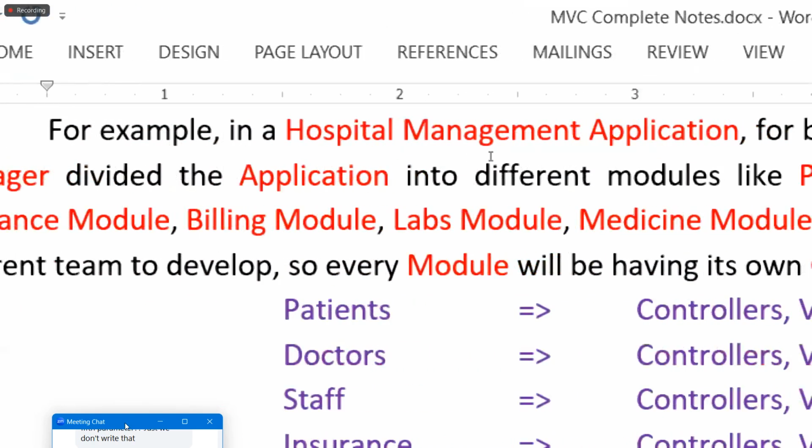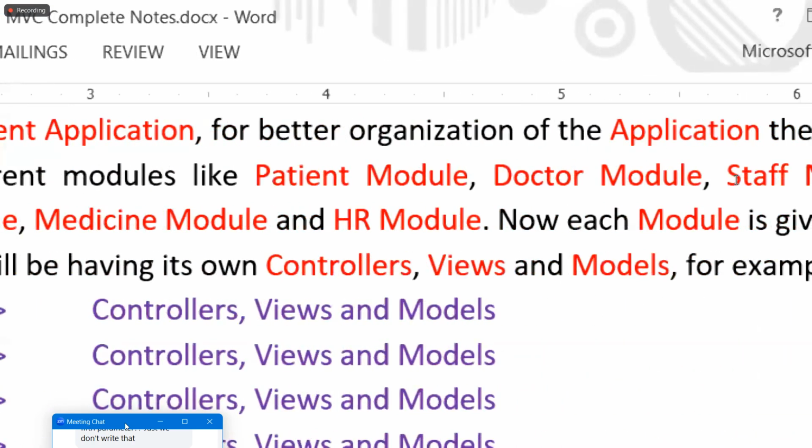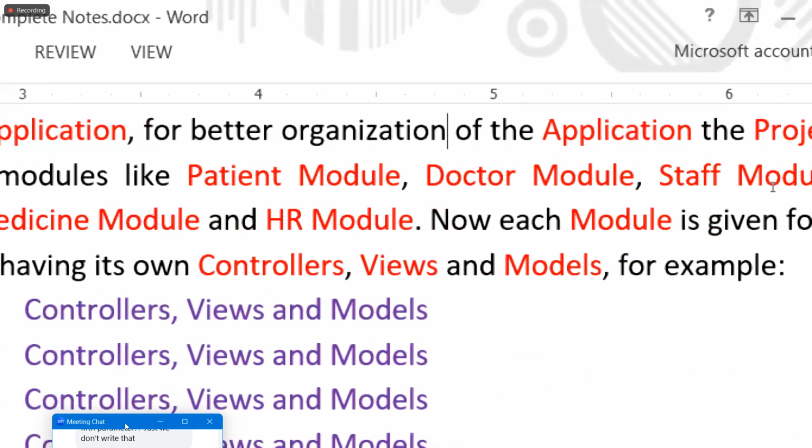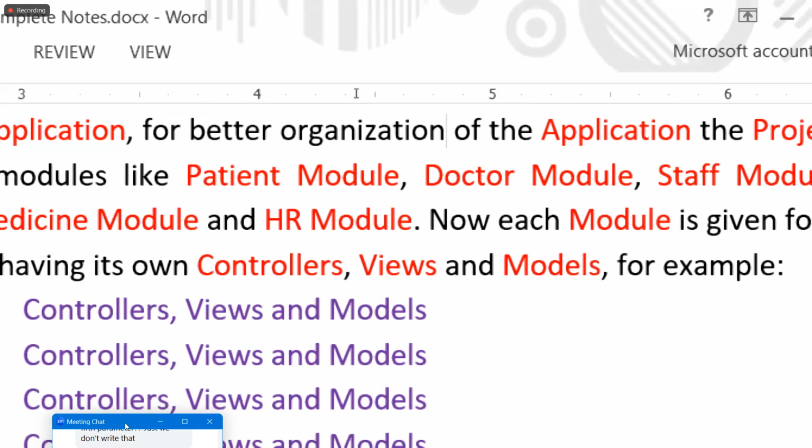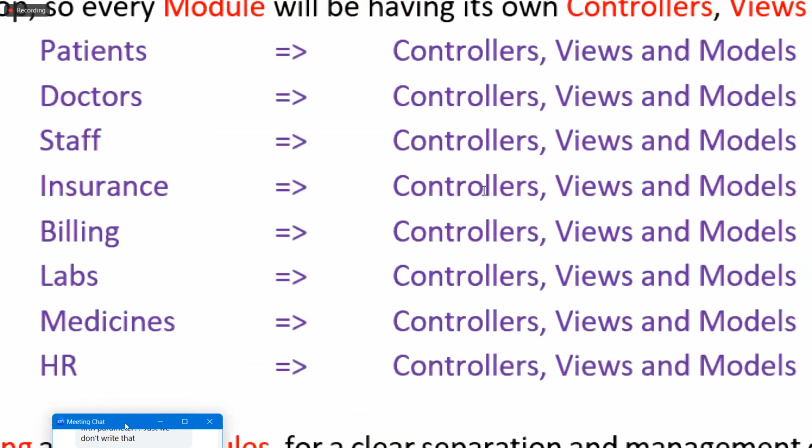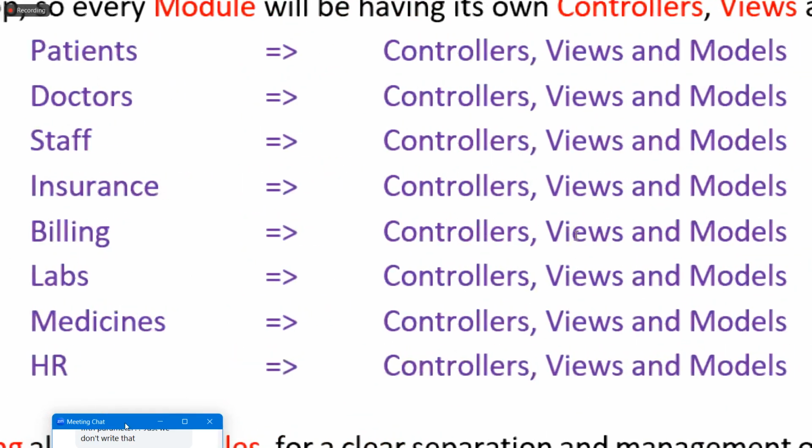Now, each module is given to a different team to develop. So every module will have its own controllers, its own views, its own models. I am developing the patient's module here. Correct or not? So everyone will have their own controllers, their own views, and their own models.